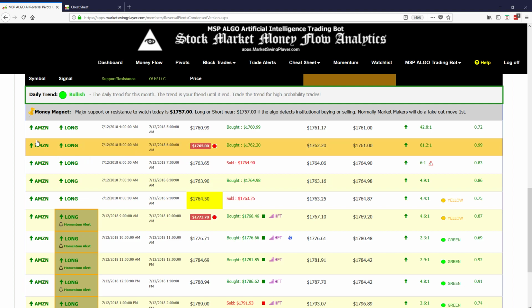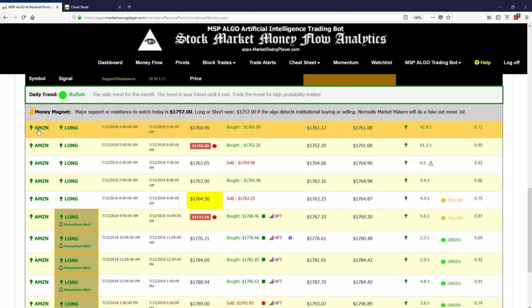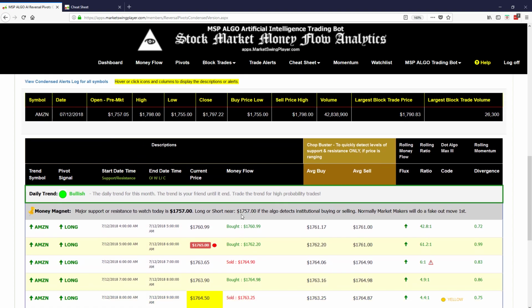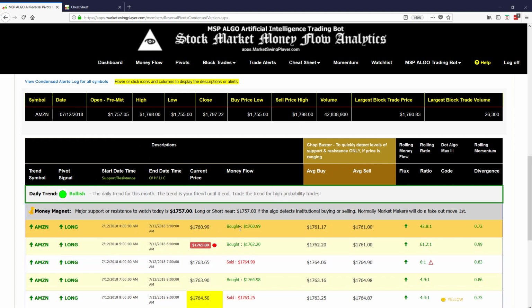So quick overview, we've got our trend, intraday trend, symbol, pivot signal, start date, end date, current price, and the money flow. We follow the top 10% of the market, the top 10% with 90% of the money, and ignore the other 90% of the market, based on the algo logic and the average buy and sell that we're detecting, as well as the money inflow, outflow ratio, money in versus out.